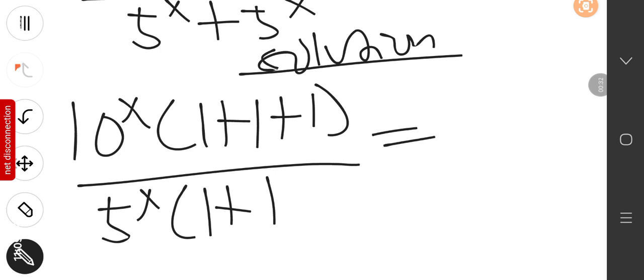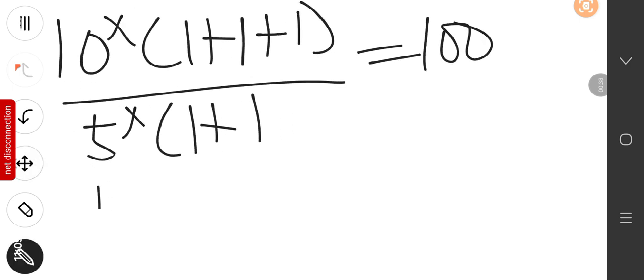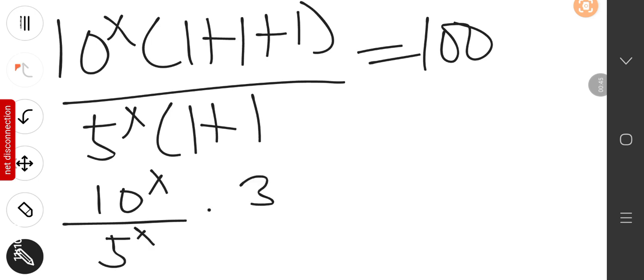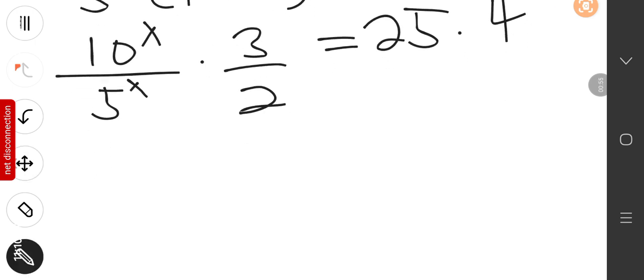Equals 100. So our equation becomes 10 exponent x over 5 exponent x times 3 over 2. Now 100 is the same as 25 times 4. Now let's apply the quotient to a power rule here.